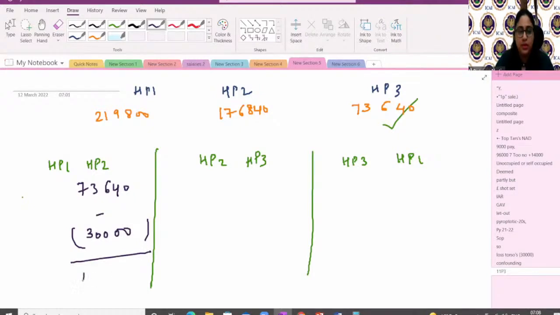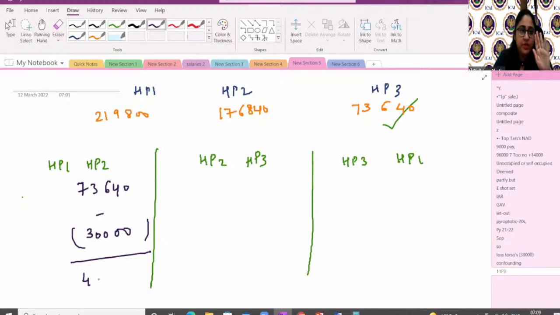So here my net income from all three house properties, assuming house property 1 and house property 2 as self-occupied and house property 3 as deemed let out property. Deemed let out means it is not let out but it is equivalent to a let out property, and hence when we say a house property is deemed let out, you calculate the valuation totally as per the let out value and you take it as your income.